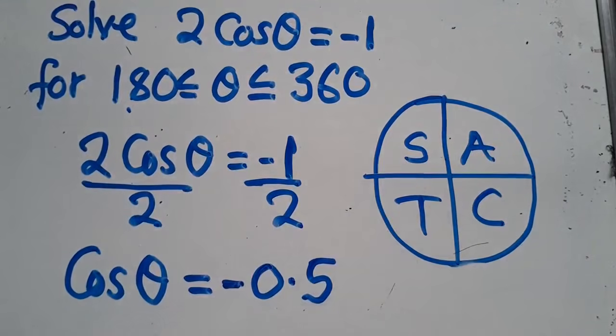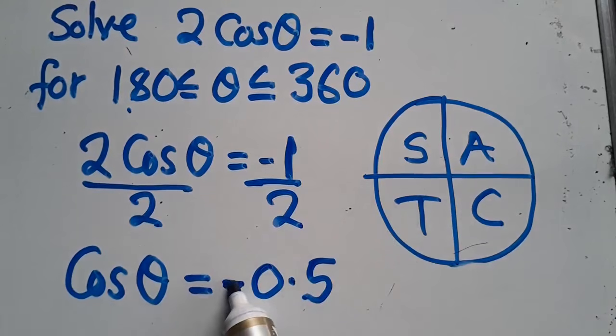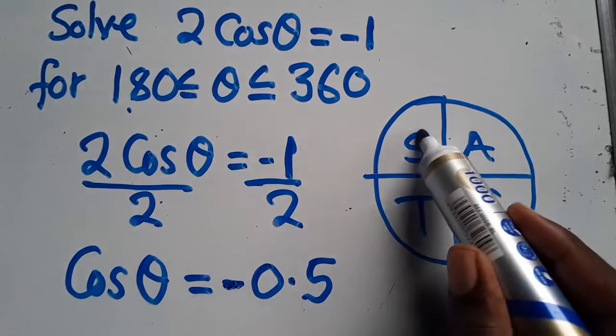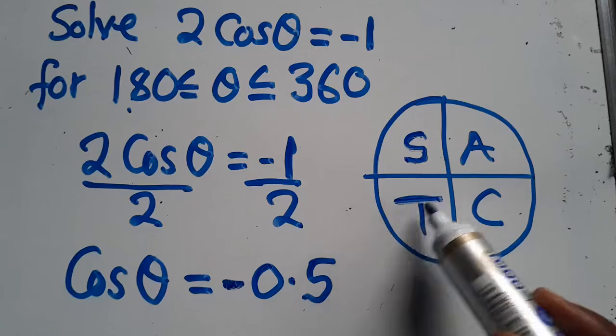Cos is negative in the second quadrant and the third quadrant.